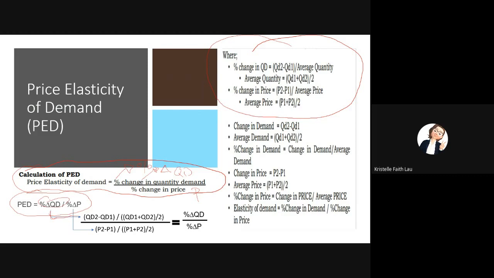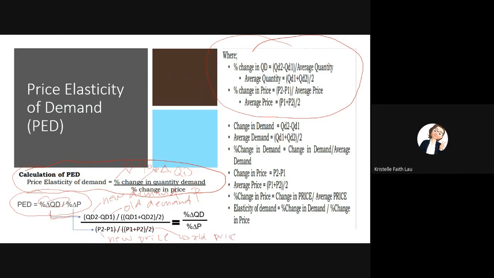QD2 is the new demand, and QD1 is the old demand. Same with the price: P2 is the new price, and P1 is the old price.